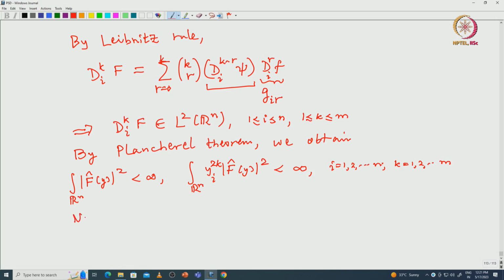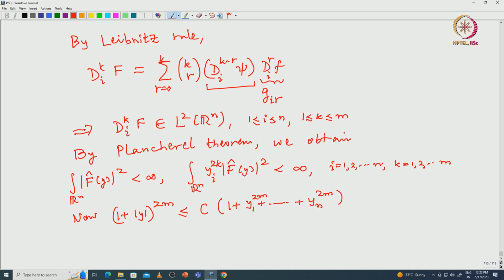Now you recall this easily doable algebraic inequality. You want to essentially combine this 1 and all these powers into a single power, so (1 + |y|^2)^m is less than or equal to some constant which depends on m and n times 1 + y_1^{2m} + ... + y_n^{2m}.